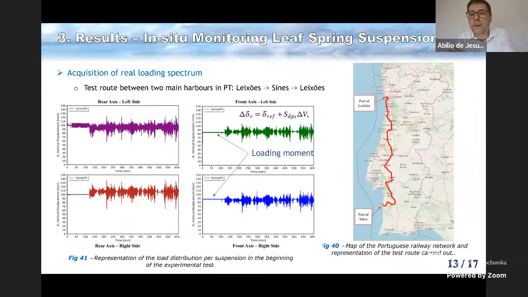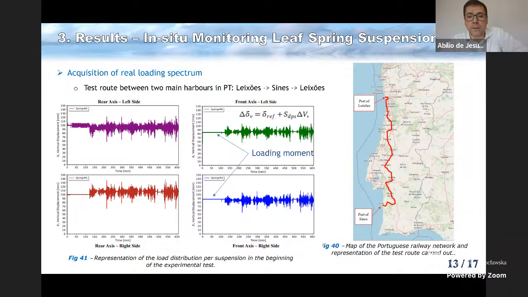And then we monitored one main track in our country, from north Porto to south Sines, with the sensors during the travel.